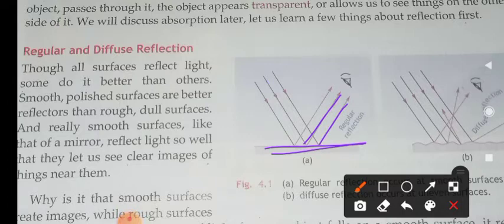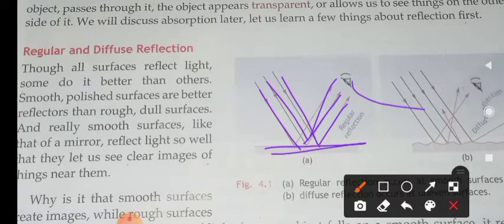All the light which is incident on the object gets reflected back. That is called regular reflection. Usually mirrors, smooth tiles, even tiles, all smooth surfaces undergo this regular reflection.